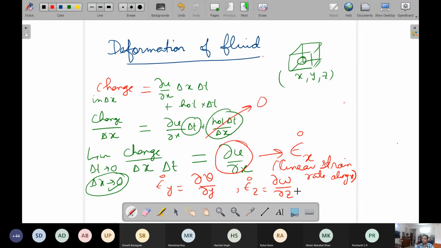Length of a piece of a solid is a physically interesting parameter, but length of fluid has no meaning. Volume of fluid has meaning, and therefore the sole purpose of motivation of this is actually to relate this with the change in volume of the fluid, and that we will take up in the next lecture.